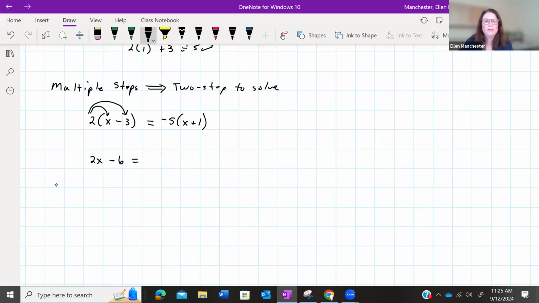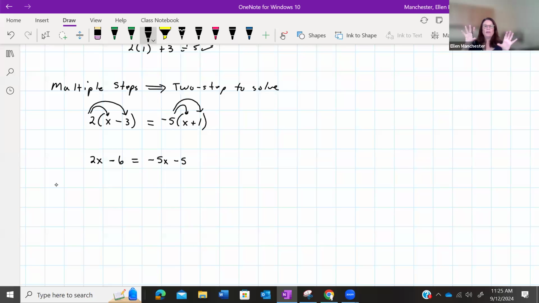And then I'm going to do the same thing over here. -5 times x and -5 times 1. Right? So again, the goal is to have a 2-step equation.